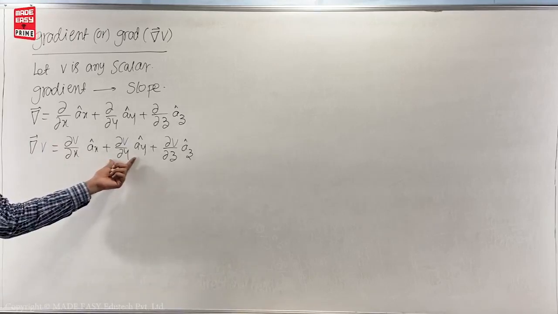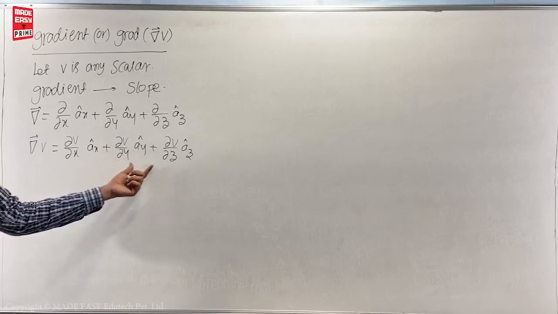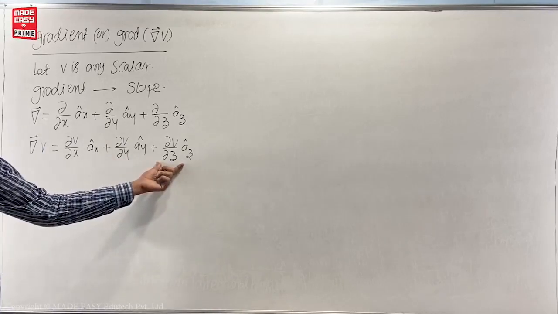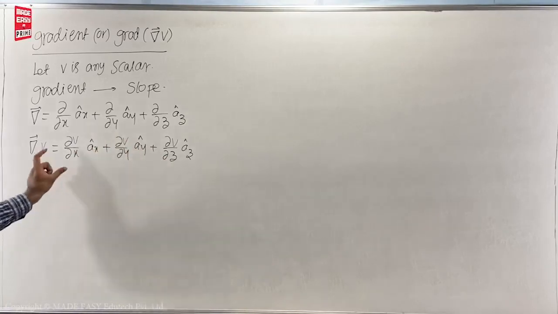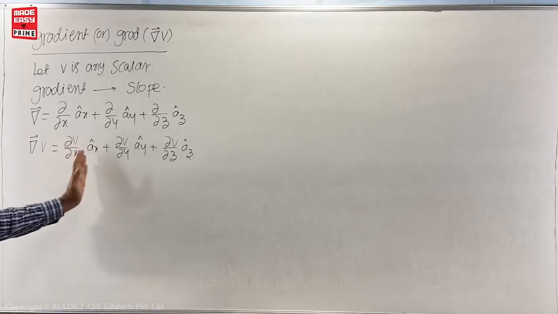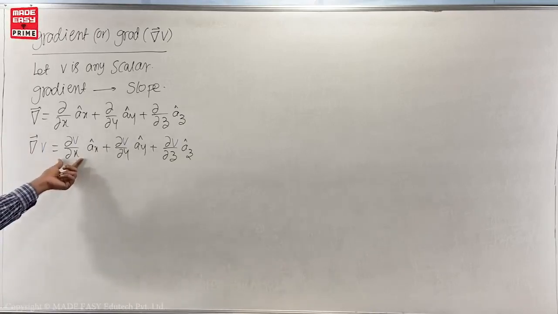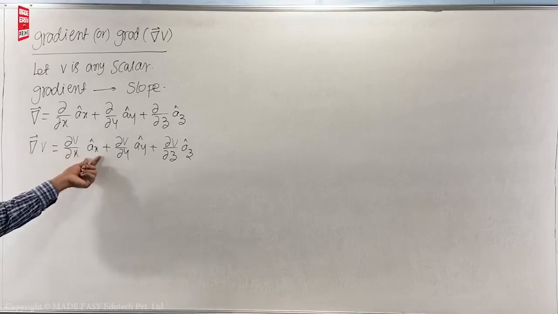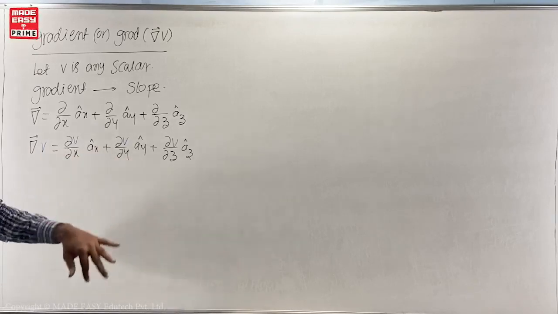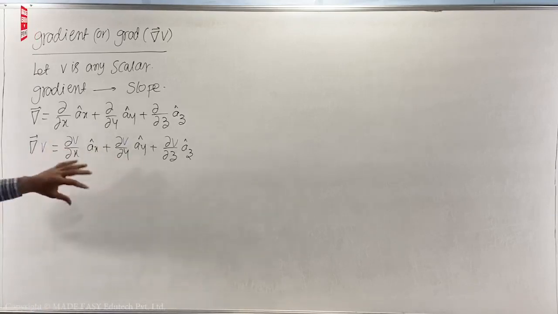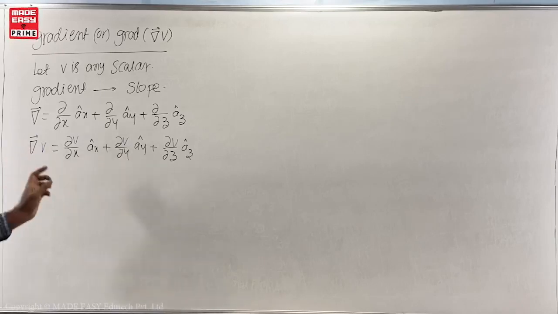Like this, partial differentiation with respect to y, partial differentiation of v with respect to z. That means you are differentiating the scalar in every direction. So that is why this is also called as a directional derivative of scalar v.